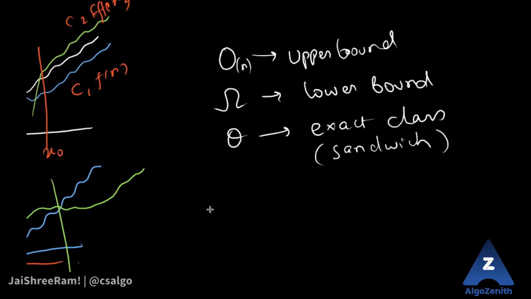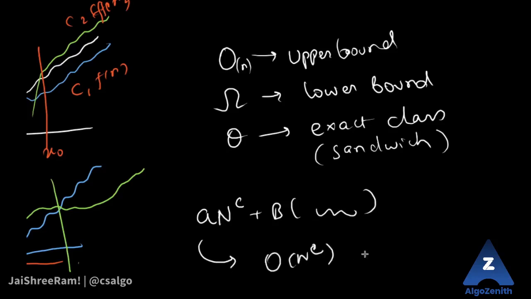So if you have some function like a times n to the power c plus b times some lower order terms, where lower order means the power is less, this is order n to the power c. This is also in the set of order n to the power c plus 1 and so on, everything beyond that, because when we say order, this basically represents a set of functions, right?